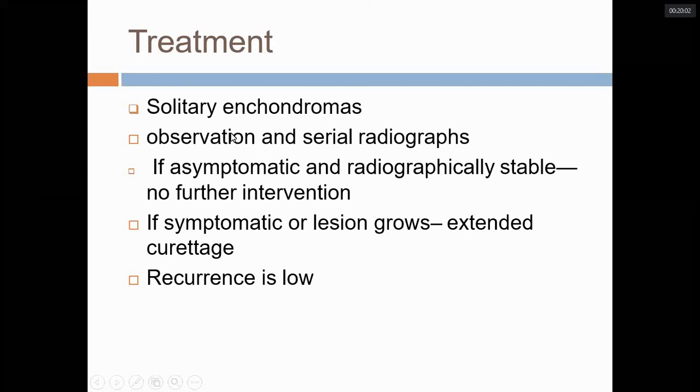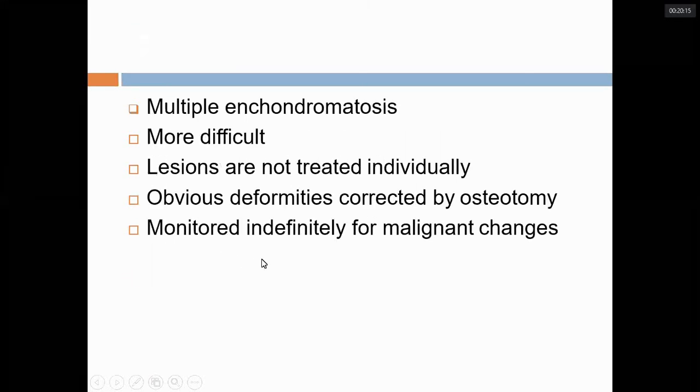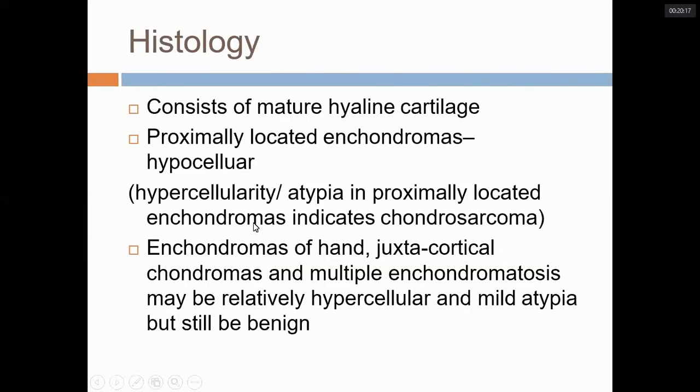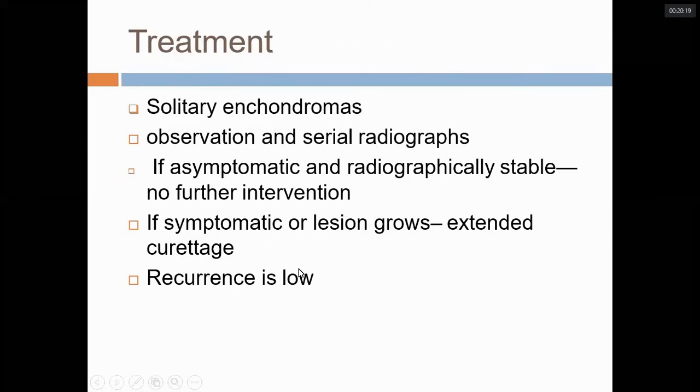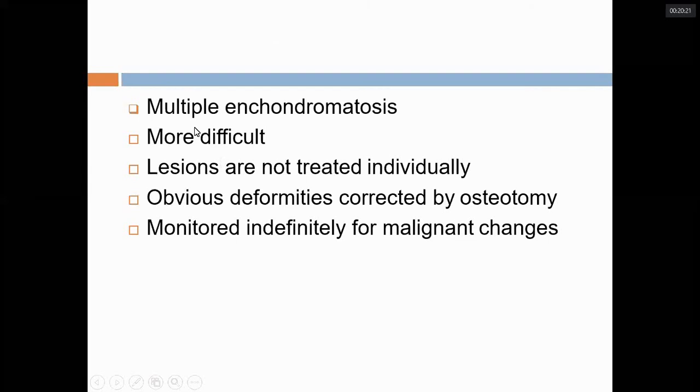The treatment of solitary enchondromas: no further intervention is required unless and until we suspect a malignant change. Okay. Multiple enchondromatosis. In case of multiple enchondromatosis, the treatment is difficult.